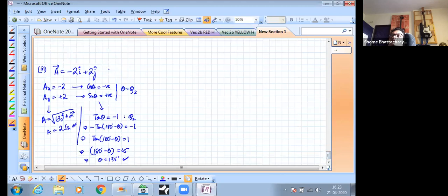Okay, so alternately, if you just draw this vector, you can see it will come out to be like this. A vector like this.